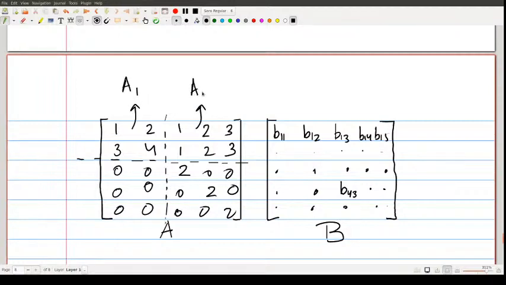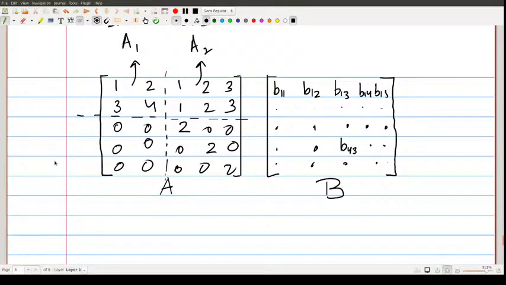Let's call this A2. A1 is a 2 by 2 matrix. A2 is a 2 by 3 matrix. Let's call this A3, but this is also just the 0 matrix. This is a 3 by 2 0 matrix. And let's call this A4, which is simply a diagonal matrix, right?